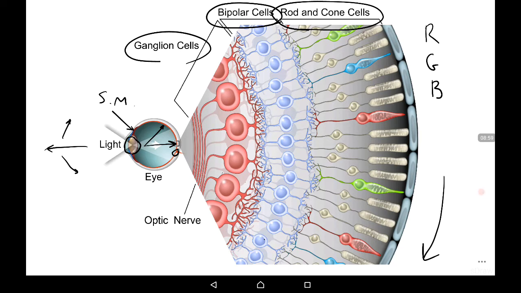When the ciliary muscle relaxes, the shape of the lens is less convex, and we may see far objects. Again, this is called accommodation of an eye.